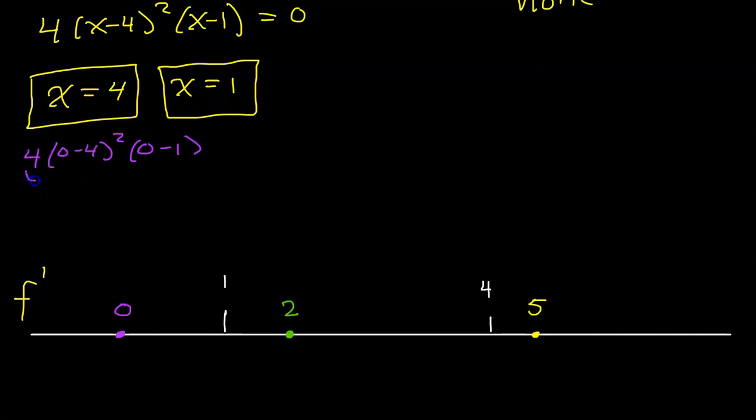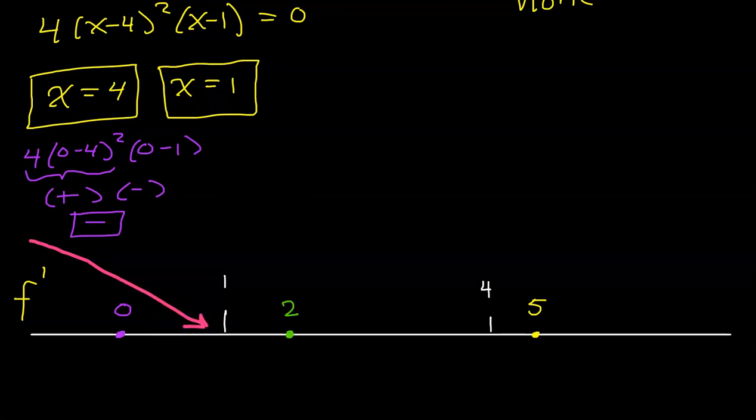In fact, this portion is always going to be positive because 4 is positive and then we're squaring something. So that's definitely going to give us a positive. But 0 minus 1 is a negative. So overall, we're going to get a negative value here. That tells us that the function is decreasing during this interval.